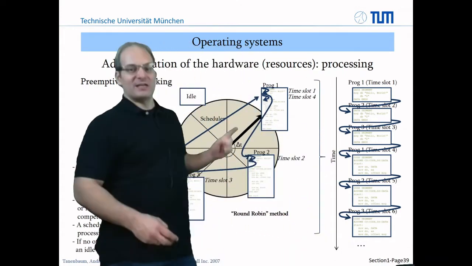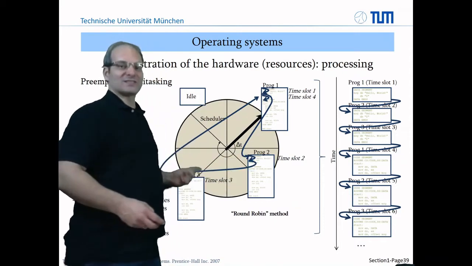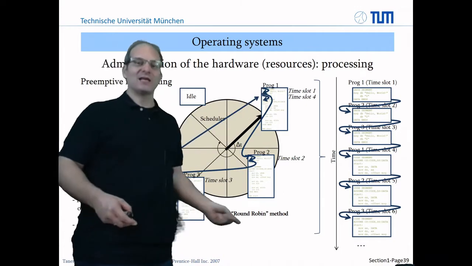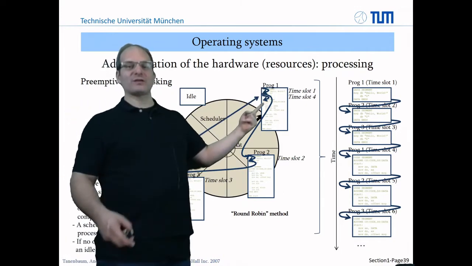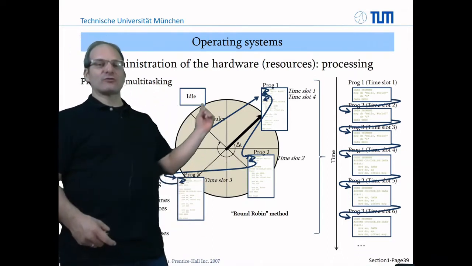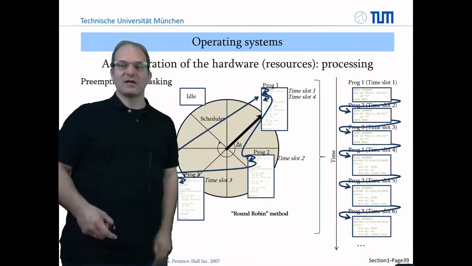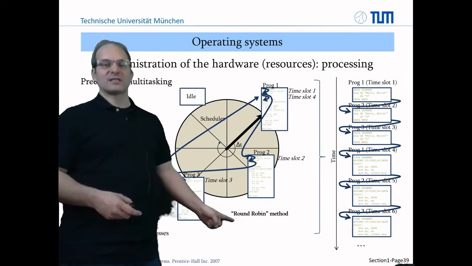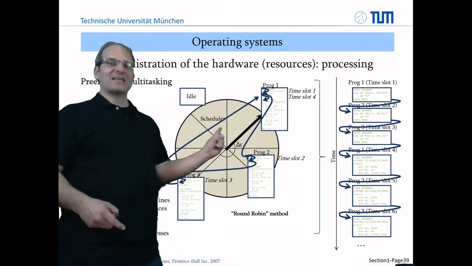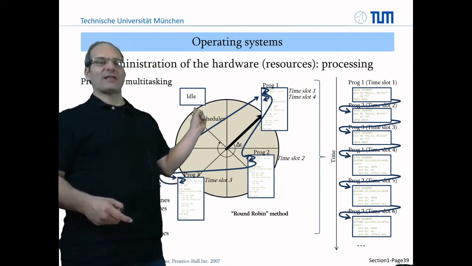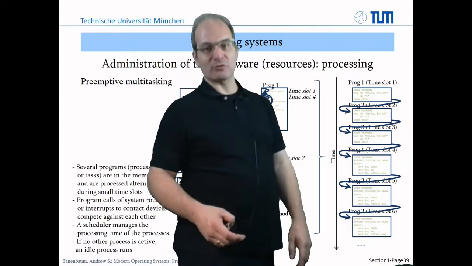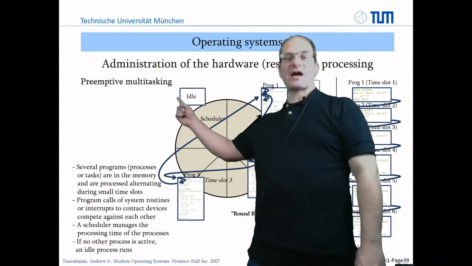What you have here is a so-called scheduler. The scheduler can be shown like this wheel, so that, for example, you have a pointer, now this program, now this program, now this program, and the scheduling mechanism is called round robin, so that you always have another process. And if no process is active, then you have a special operating system process, which is called the idle process.